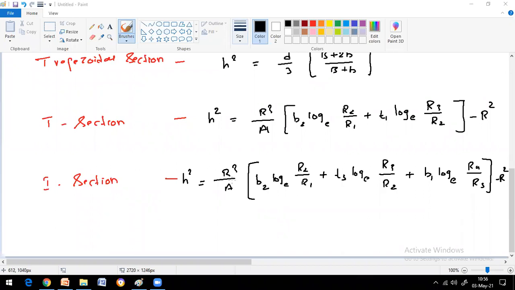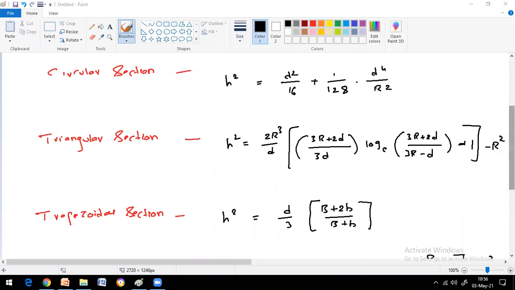R cube by A of b2 log e R2 by R1 plus t3 log e R3 by R2 plus b1 log e R4 by R3, of minus R square. So these are the formulas which are very important in your curved beams for different cross sections.